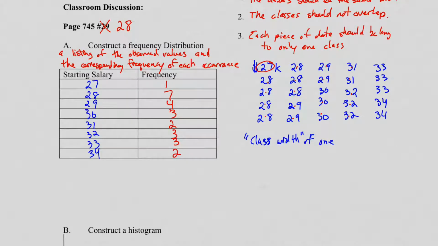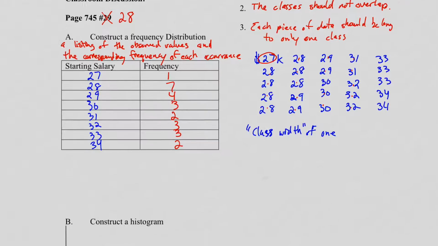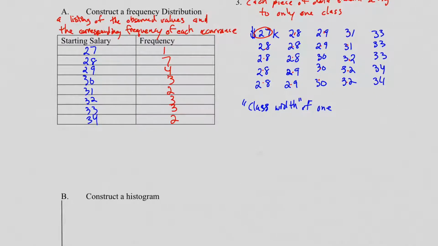Now we can check to see if this is correct by adding up all these numbers. 1 plus 7 is 8, 8 plus 4 is 12, 12 plus 3 is 15, and so on. We have 25 total, and that's what we expected. That was from the word problem itself. There were 25 different social workers.